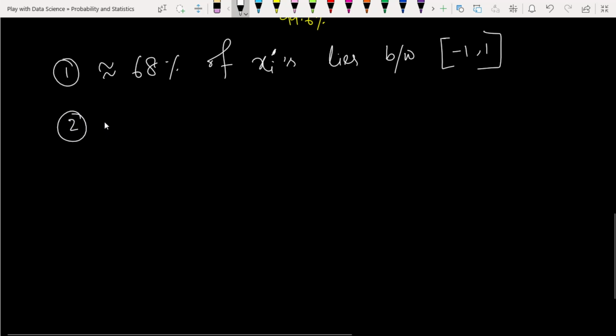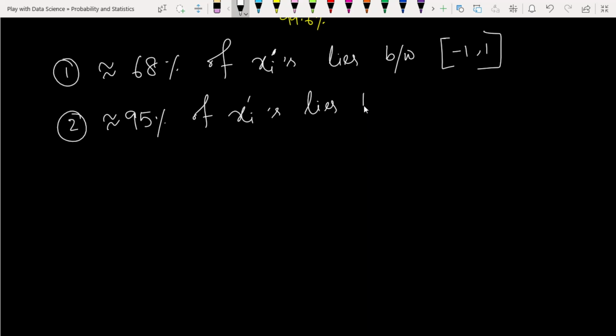First observation. Second observation is that approximately 95% of the points of xi dashed lie between -2 and 2.